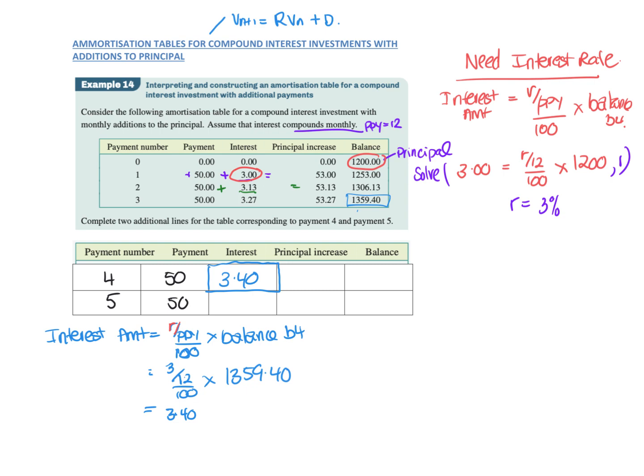Then, remember, the principal increase was the 2 added together. And the final balance would be the balance before plus our principal increase, so we end up with 1412.80.